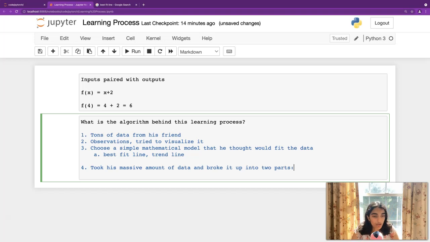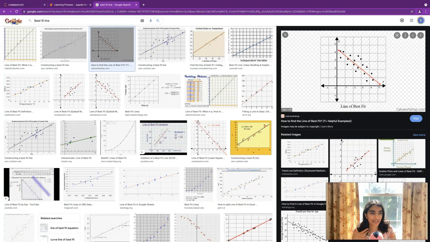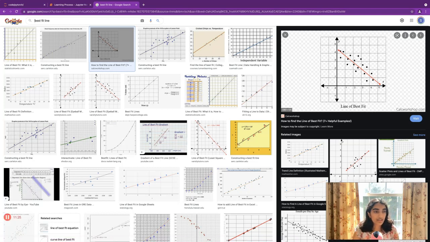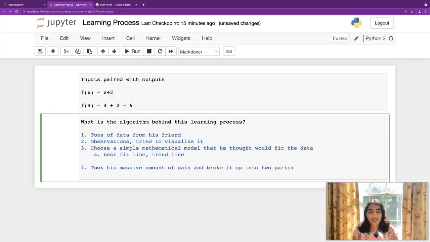Not everything's going to be like a line, so we want as many points as possible, although not all of them, but about half the points to go into visualizing and modeling the data. So this line is a model of the data. If we have some more complicated data, we're going to approximate it in a different way. So we take half of that data, which is still a lot because we have a ton of data to start out with, and we break it up.